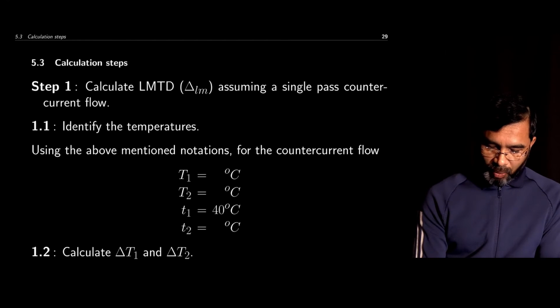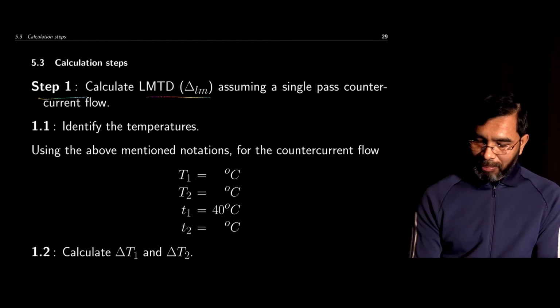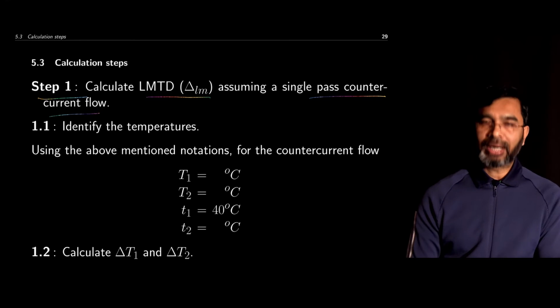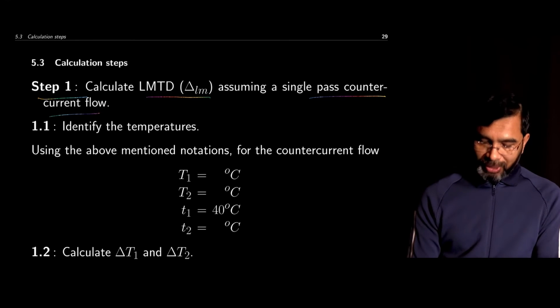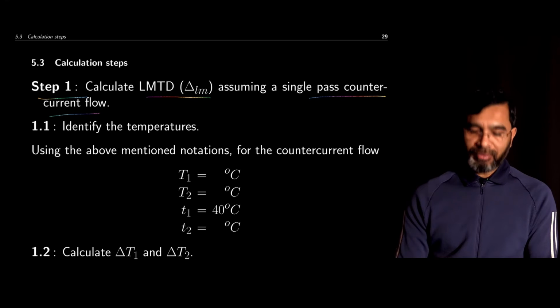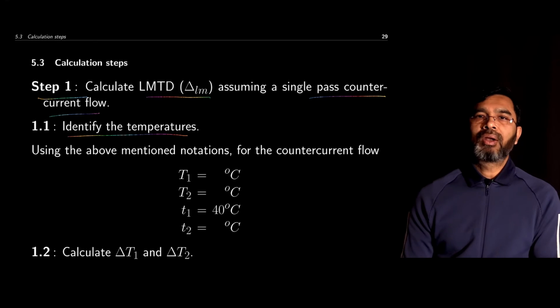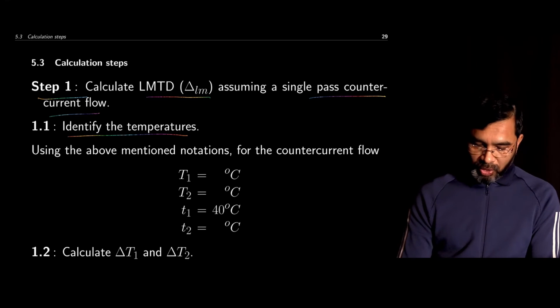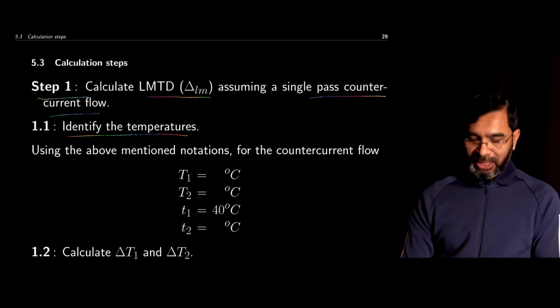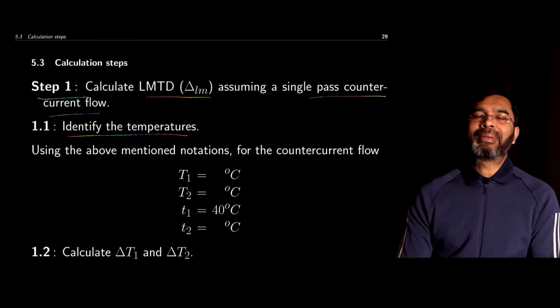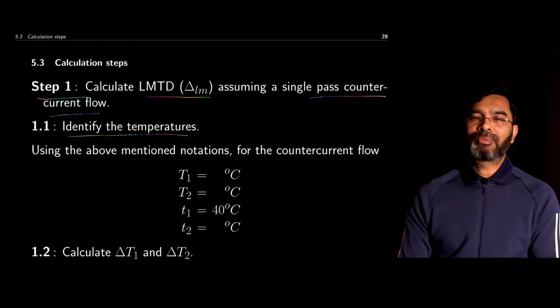Now in step 1, we need to calculate the LMTD by assuming a single pass counter current flow. So for this particular process, we need to identify the temperatures. I will call this step 1.1. So first identify the temperatures: what's capital T1, capital T2, small t1 and small t2.